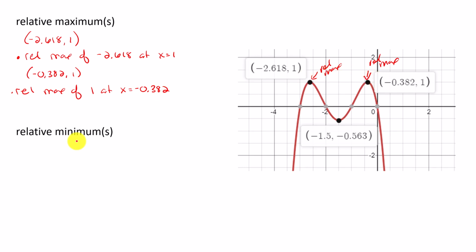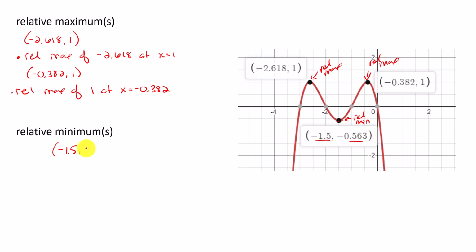So now my relative minimums would be any low points. And this one right here, even though it's not the lowest point on my graph, it's lower than the point immediately to the left and the right of it. So it's a low point. So I have a relative minimum at the coordinate, let's see, negative 1.5, comma, oh, I'm sorry, I gave you the coordinates here.